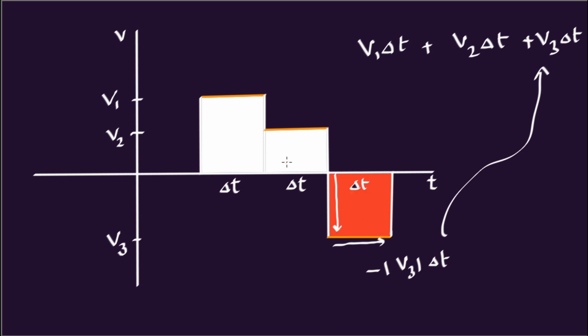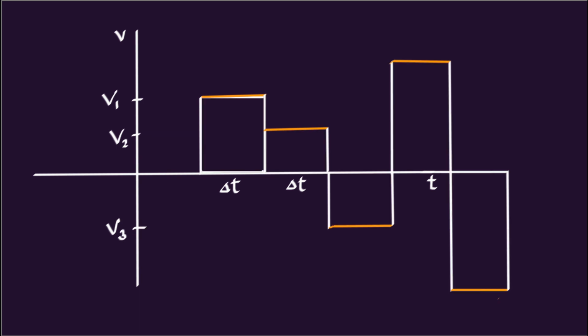So when we say area under a graph, now it means the area enclosed by the actual velocity versus time step graph, the time axis, and the vertical lines representing initial and final times, with the added proviso that areas below the time axis are to be counted as negative. So now we know how to find the displacement for a step graph.